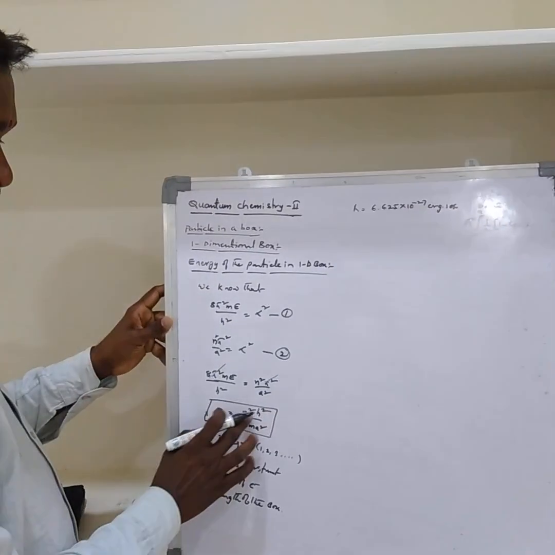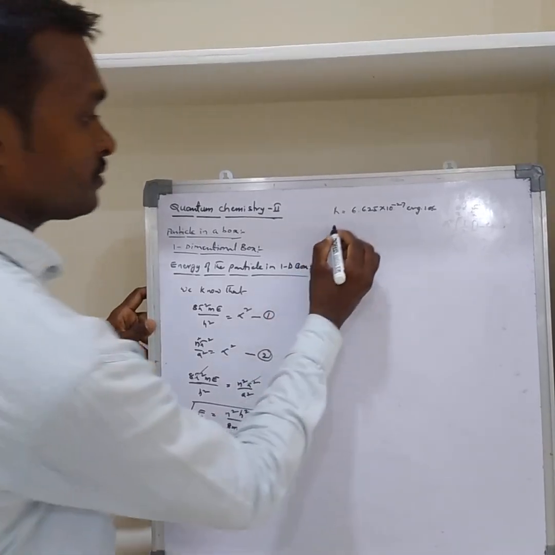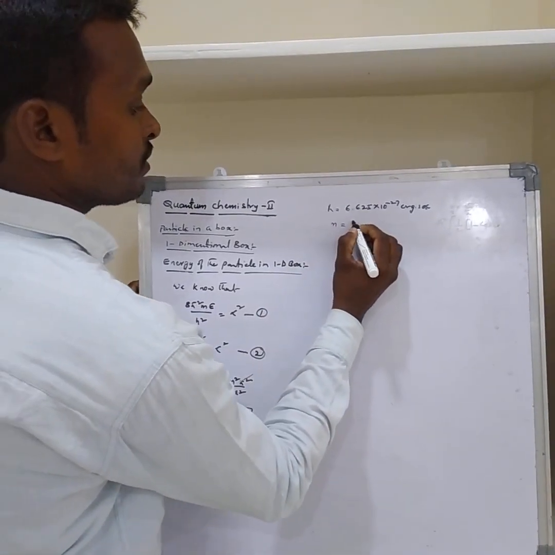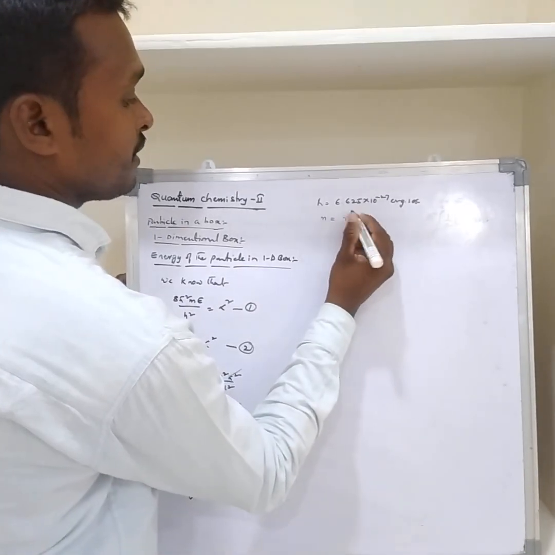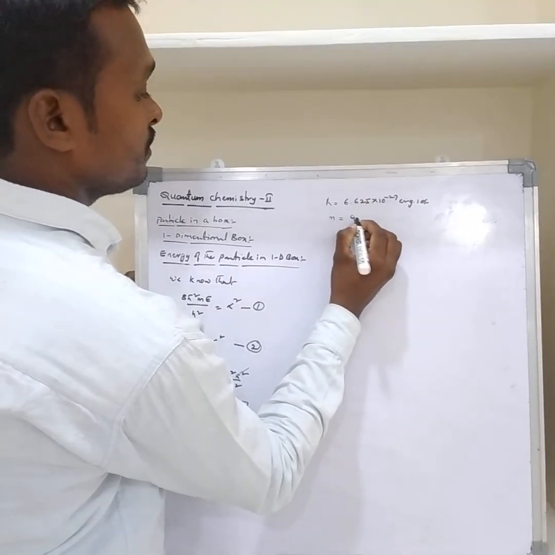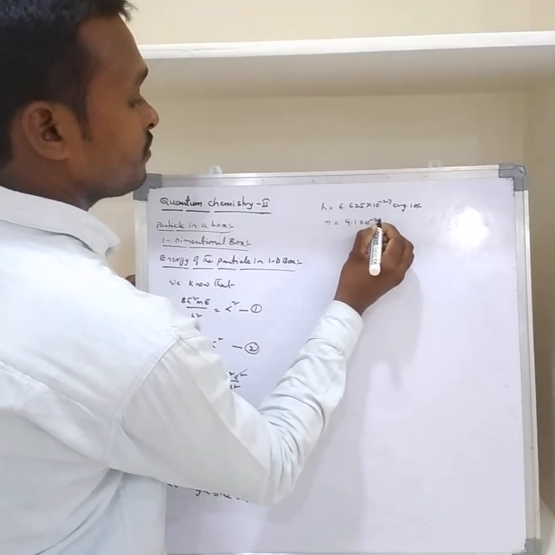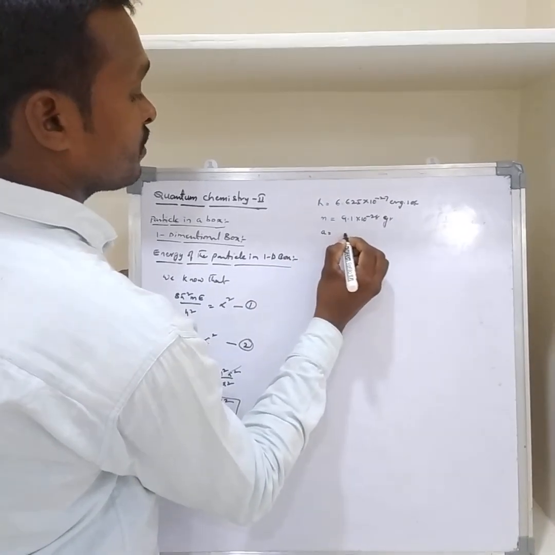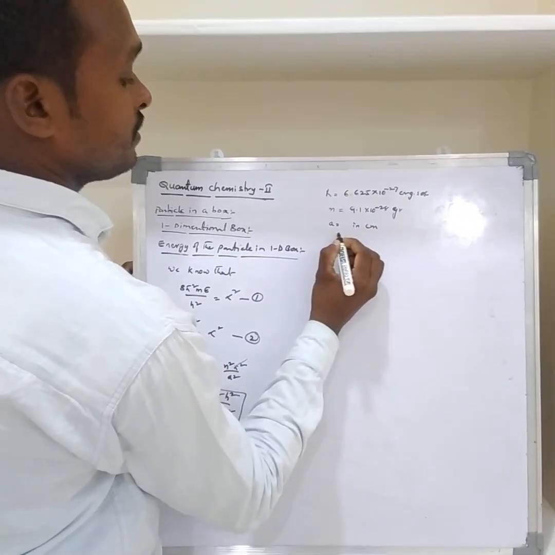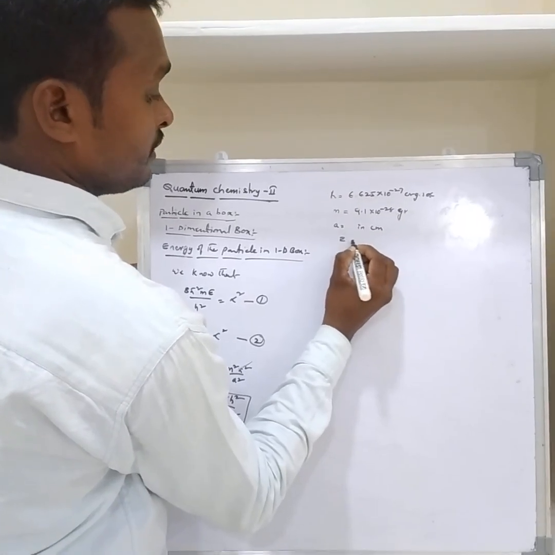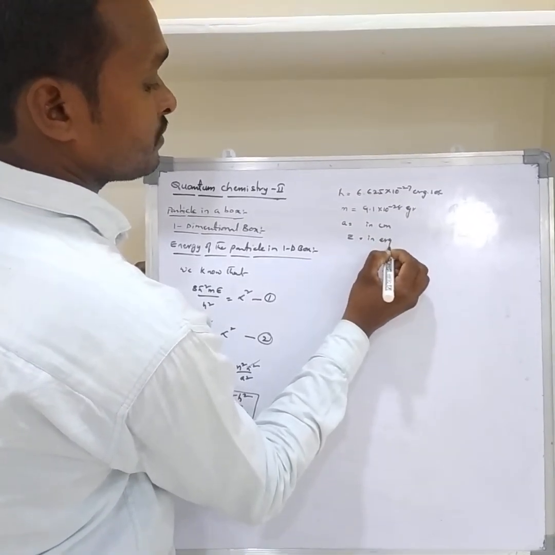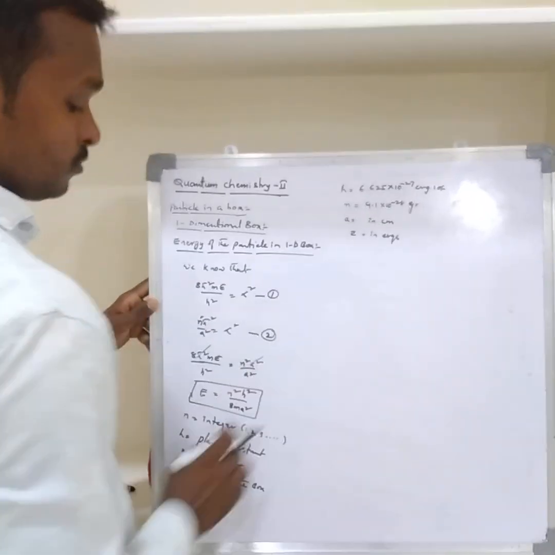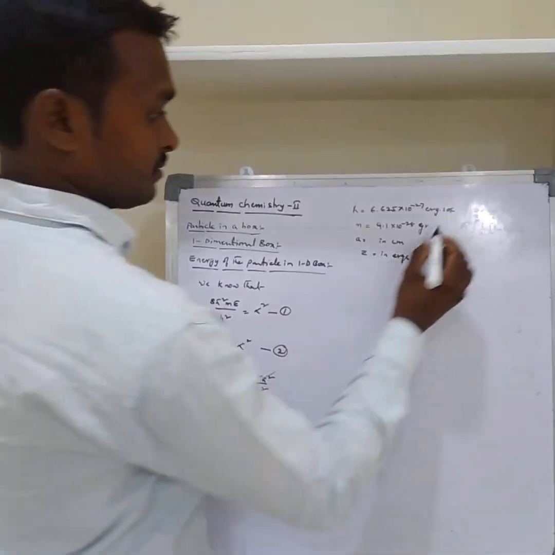So h value is taken in erg second, the mass value we take is the mass of the electron, that is 9.1 into 10 power minus 28 grams, and the length of the box in centimeters. The resulting energy we get is in ergs. The resulting output energy units are ergs.